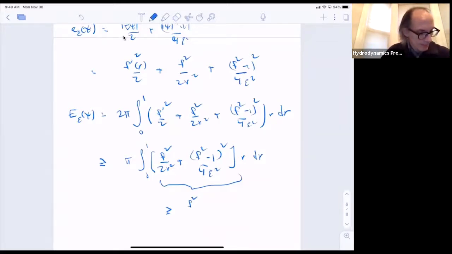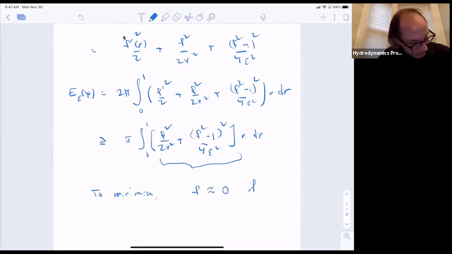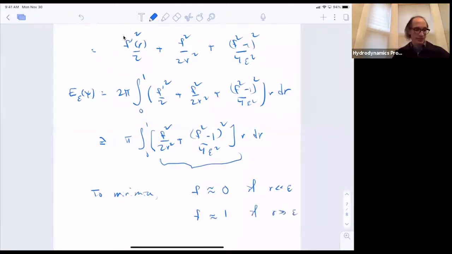So to minimize, I want f to be about 0 if r is less than epsilon, and f should be about 1 if r is greater than epsilon. When r is less than epsilon, I want to neutralize the first term, the 1 over r squared term, and otherwise the second term.